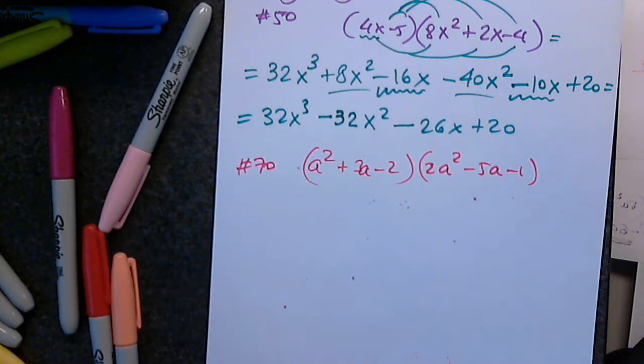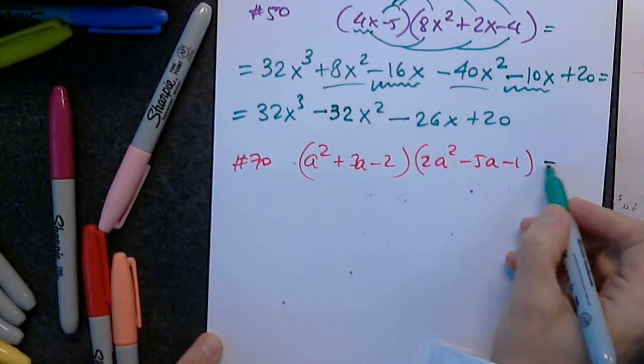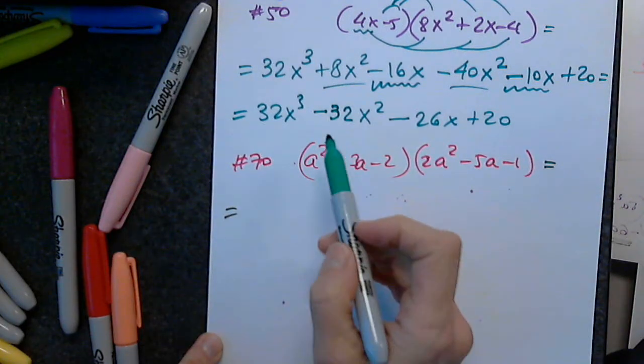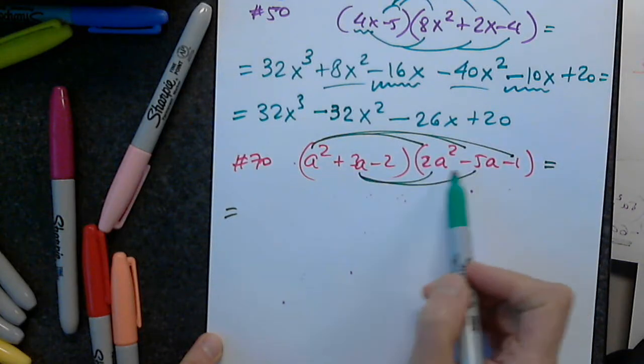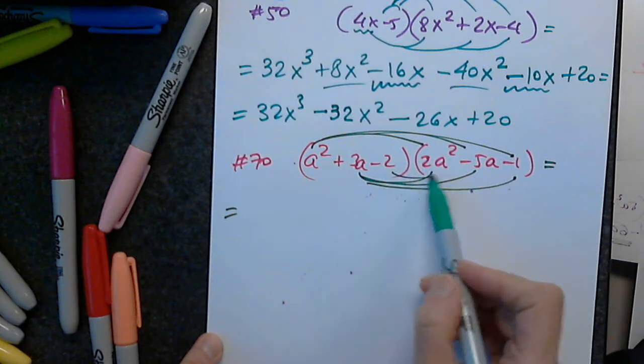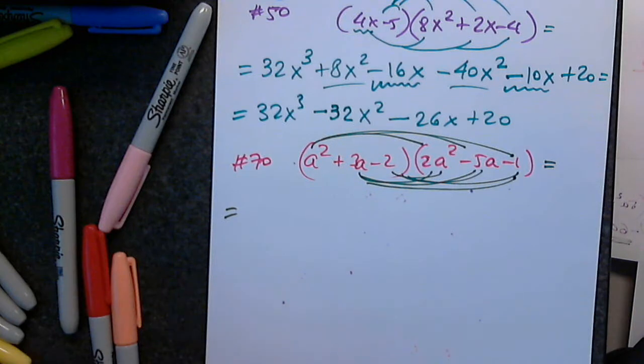The second one is also a trinomial. So what I have to do is distribute a squared to 3 terms, then distribute 3a to 3 terms, and then negative 2 to 3 terms. How many terms will I have initially? 9. And I'm hoping that they will collapse into something smaller. But initially I will have 9.